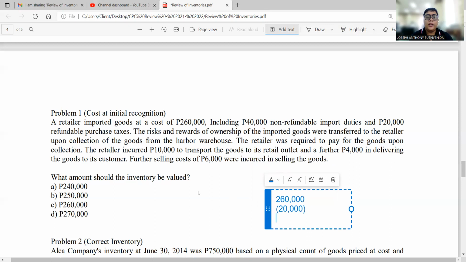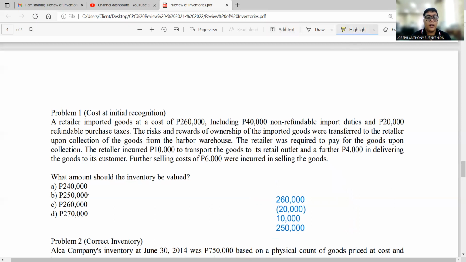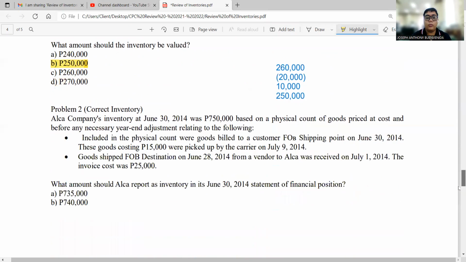The retailer incurred 10,000 to transport the goods to its retail outlet. That transport cost is needed to bring the goods to their present location, so the 10,000 is included. The 4,000 is not part of the cost because it is delivery to customers, and the further selling cost is also not part of inventory. So, 260,000 less 20,000, 40,000 plus 10,000: it's 250,000 as the cost of inventory. Letter B. Next, problem 2.